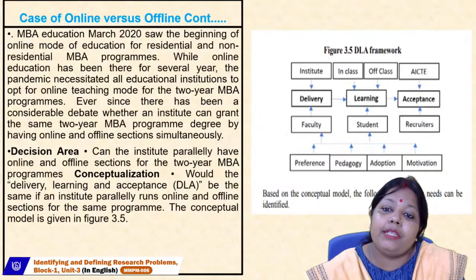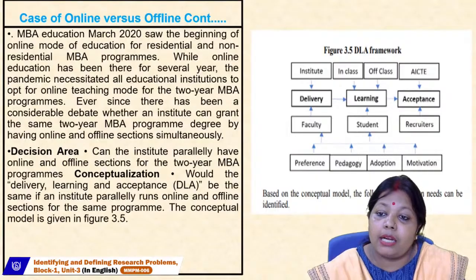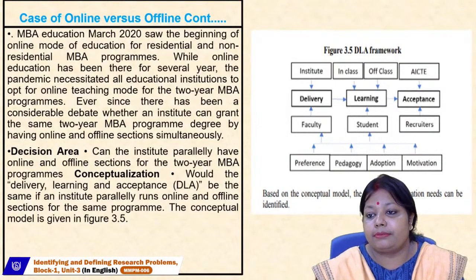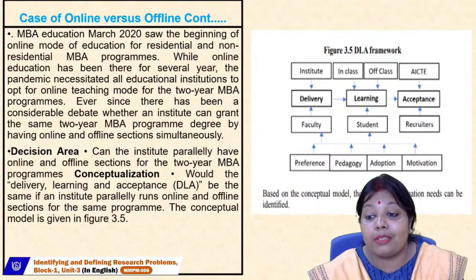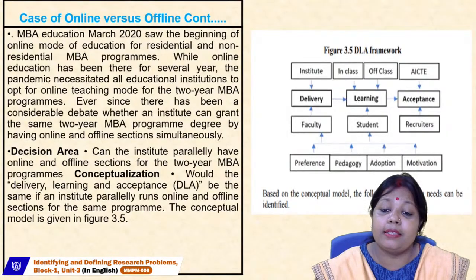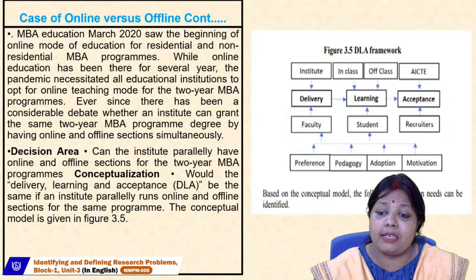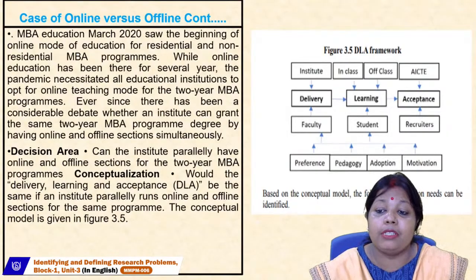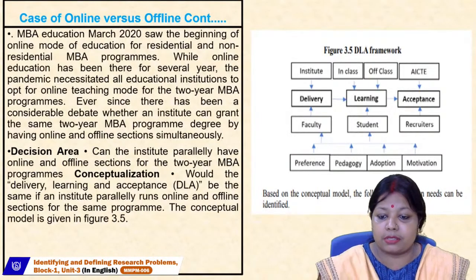What is the delivery, what is the institute delivering? Then from delivery, what is the learning outcome, and what is the student getting? And what about the recruiters? Then we will be interested to know the preference, what is the pedagogy, and what is the adoption and motivation for this.